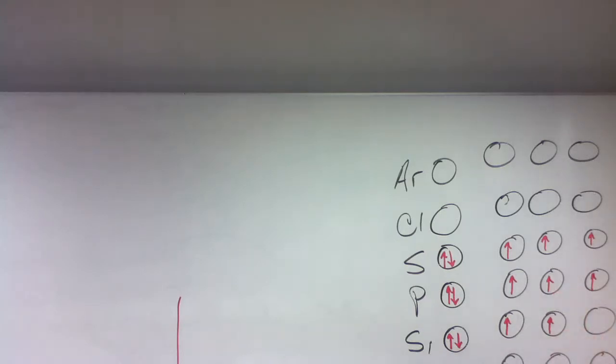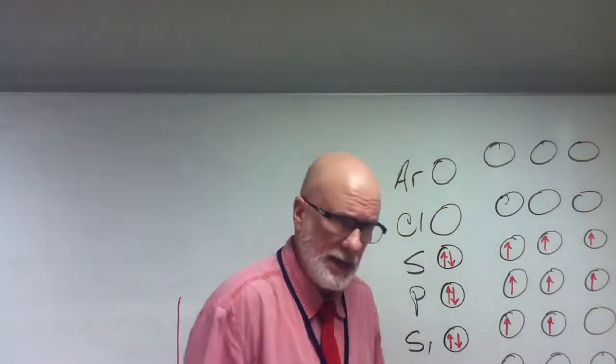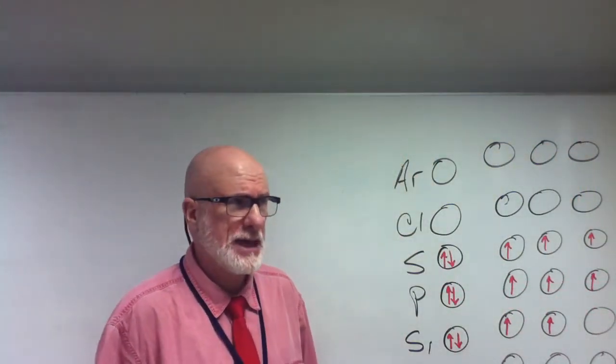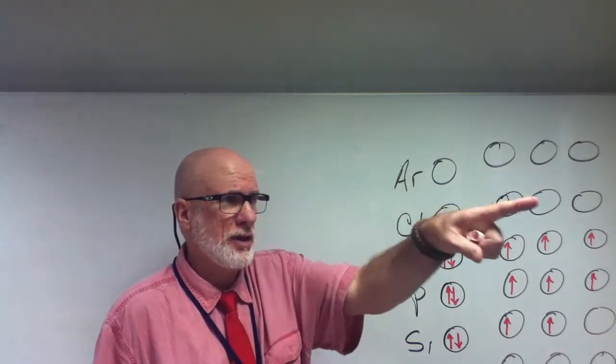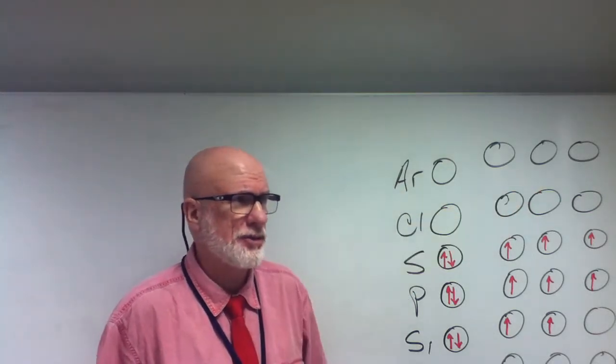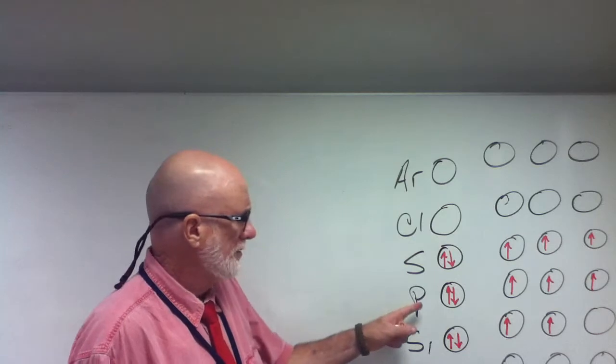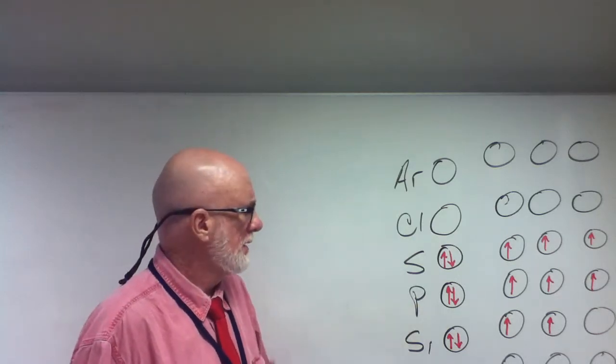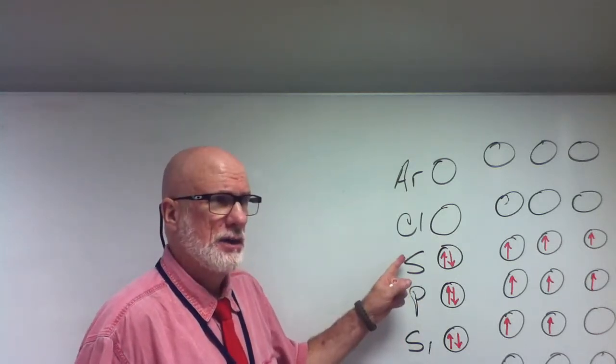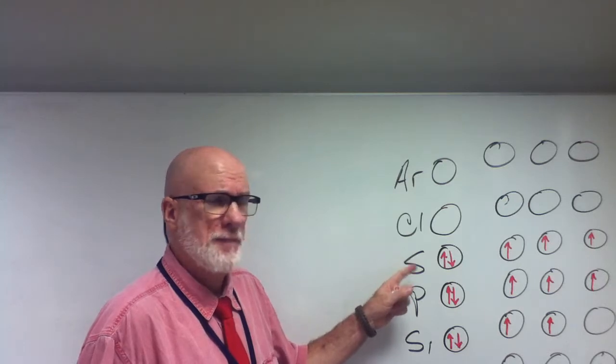Okay, are you okay? Think about it. You've got to understand this. Isn't it three? Look at the periodic table. Isn't it 3p3 for phosphorus? Right. And then sulfur is what? 3p4.